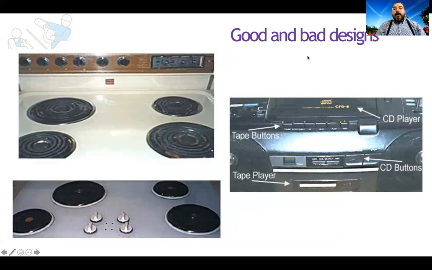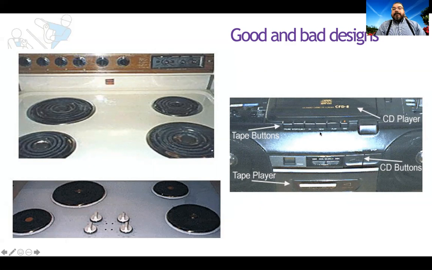Here are some other examples of good and bad designs. This is a bad design because you have to put your arms through the machine so it can work. And here, this is an oven, and here you are not at risk of burning.